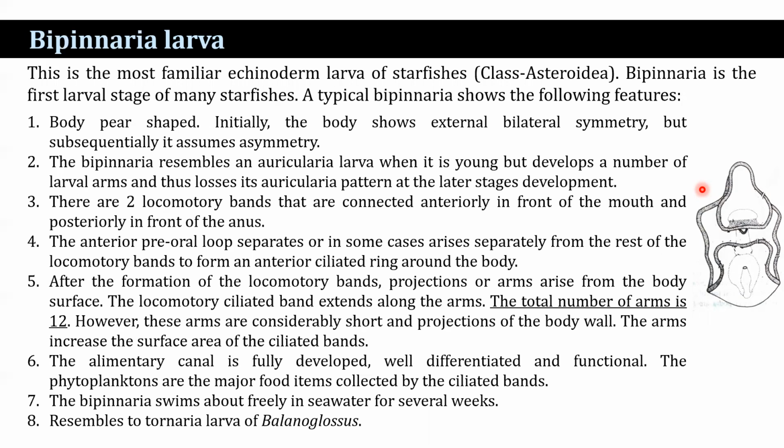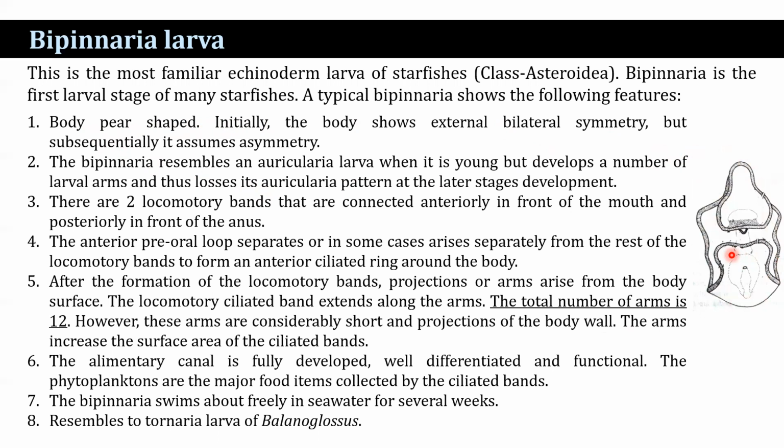Now, bipinnaria is the first larval stage of many starfishes. A typical bipinnaria shows these features. Number one, the body is pear-shaped. Initially, the body shows external bilateral symmetry, but subsequently it assumes asymmetry.